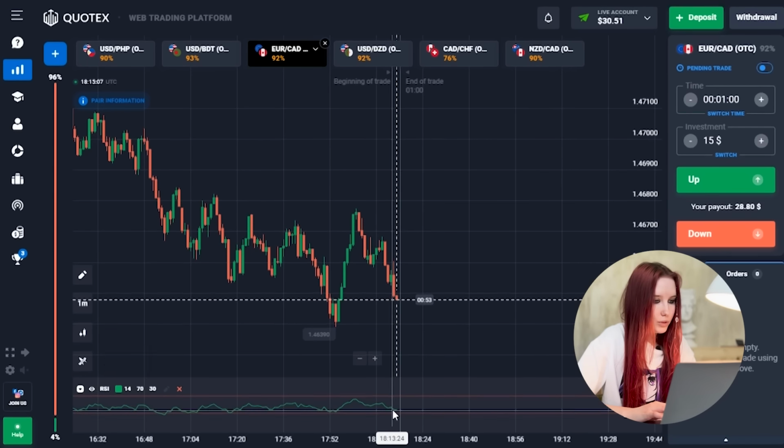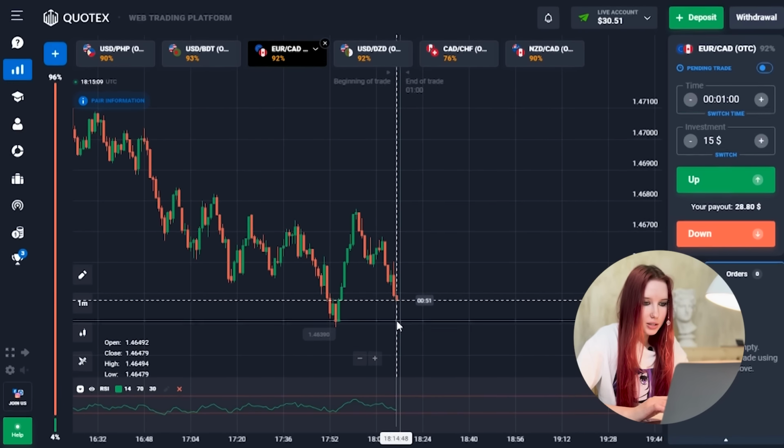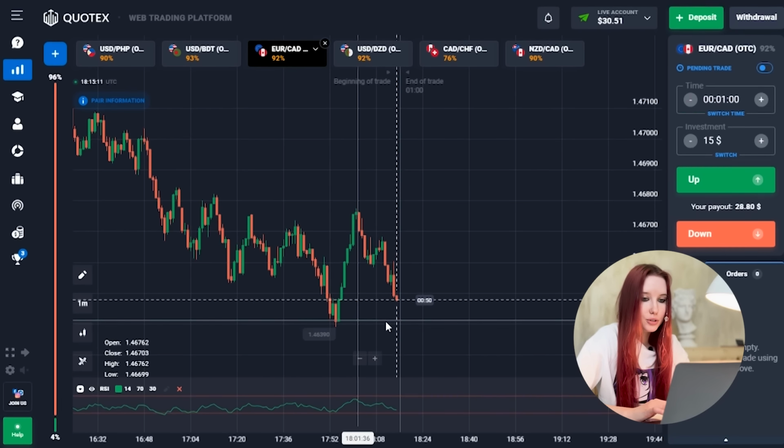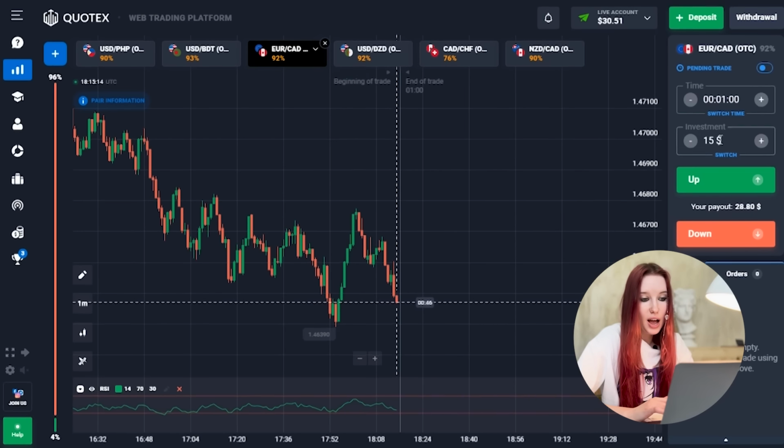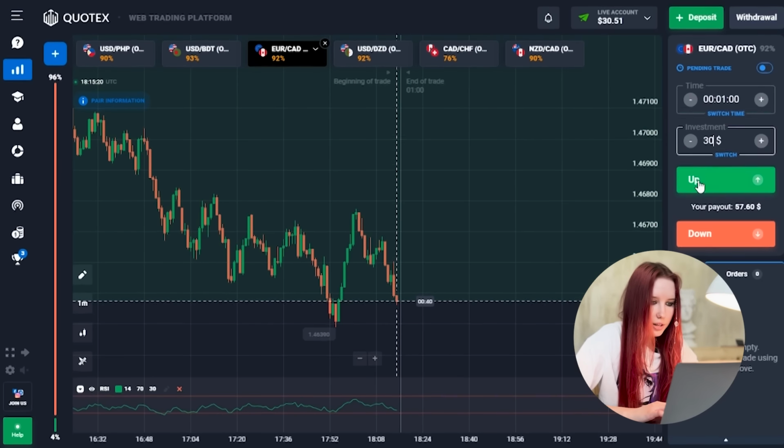Let's go back to our trading session. Here we see a local downtrend, and as we can see, after the red candles, green candles begin to appear, but I think it's a little early to open a trade now, until the price reaches this level. Okay, change investments and open a trade up.